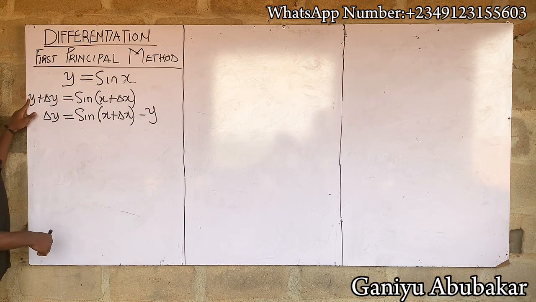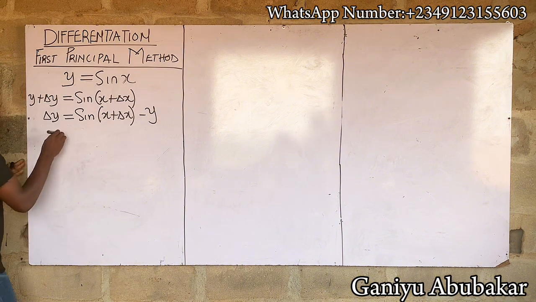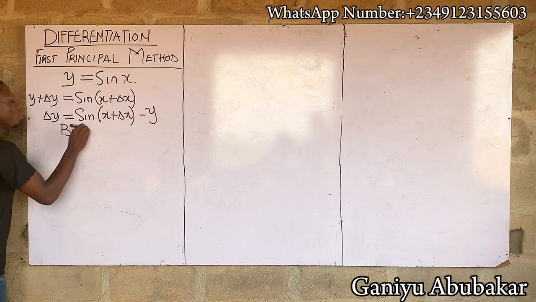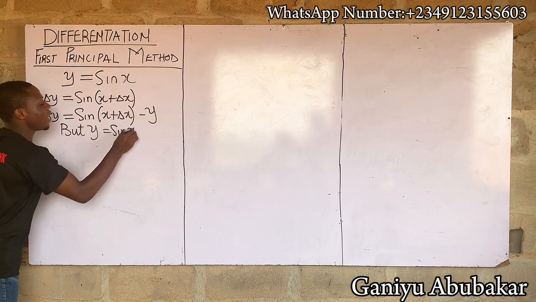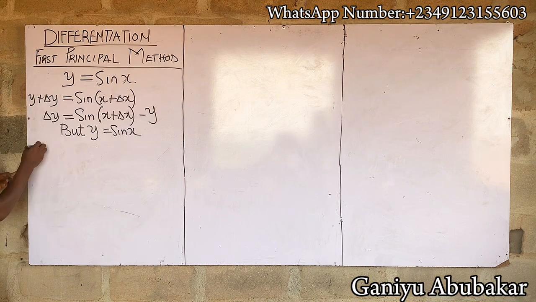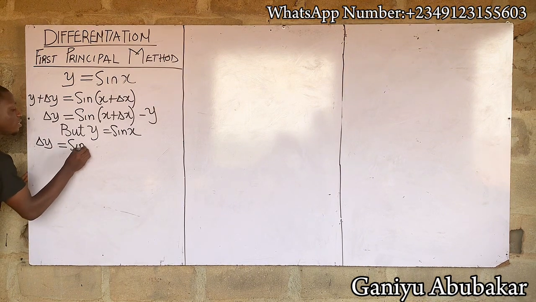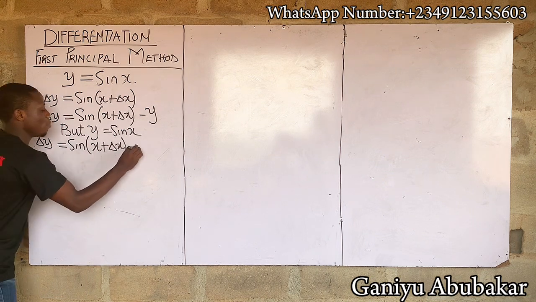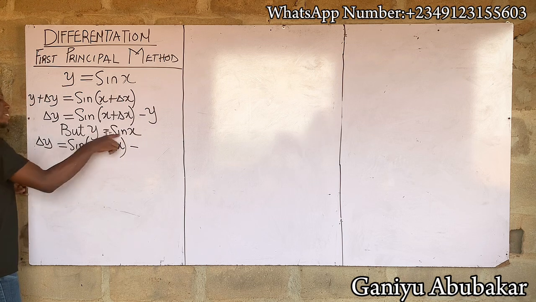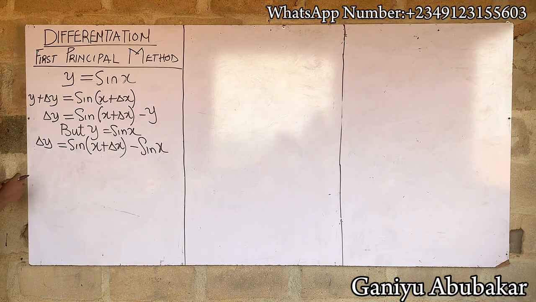If a plus y moves across, it becomes a negative y. But y from the question was sine x. So this means that change in y is equal to sine of x plus change in x minus sine x.